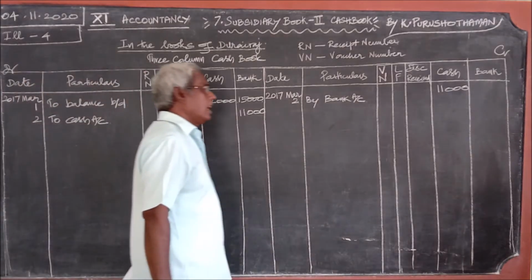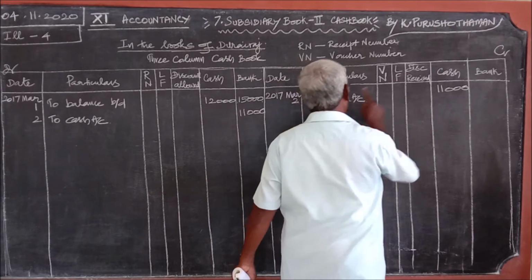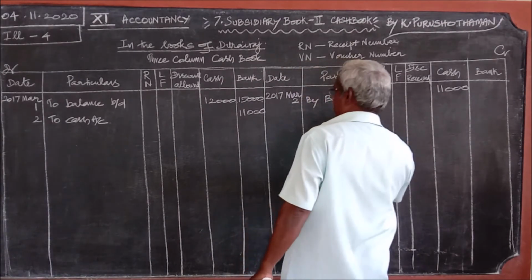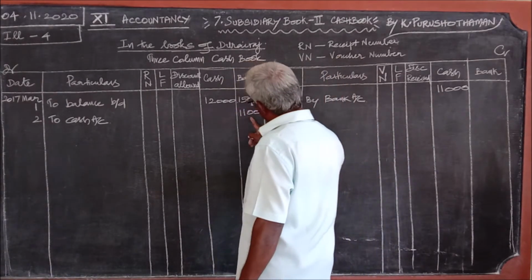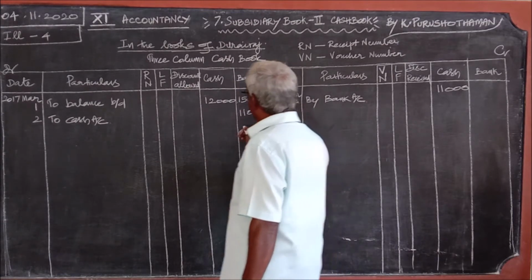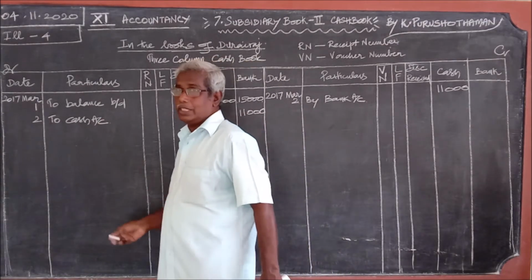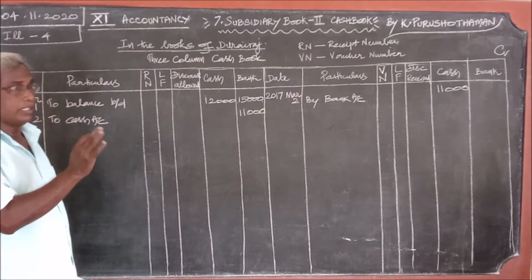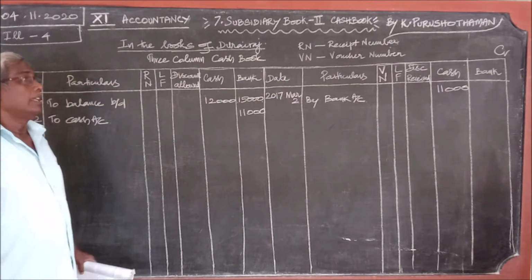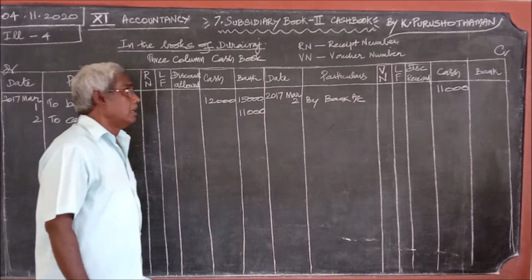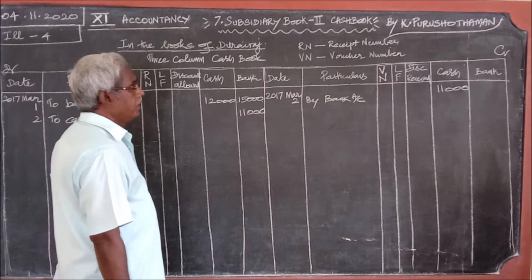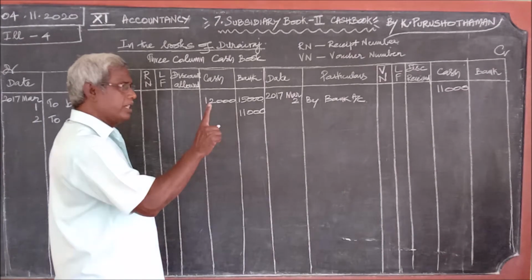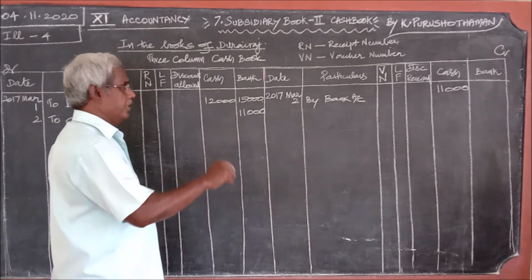When you write the amount in the cash column, particulars show the bank account, the opposite. When you write the amount in the bank column, you write the cash account. This is opposite. It's very important.